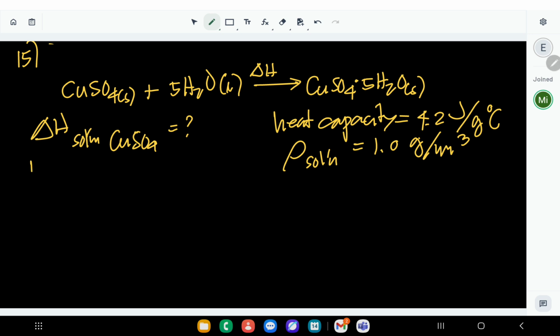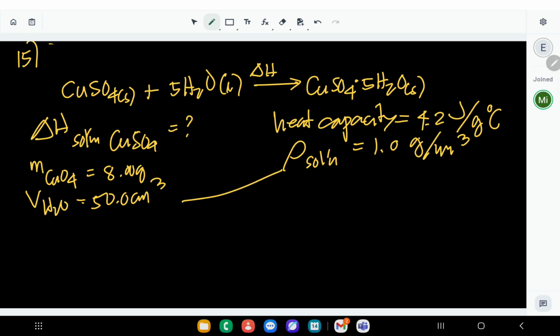So we're given here the mass of copper sulfate, which is 8 grams. The volume of water is 50 cubic centimeters. Density is 1.0 grams per cubic centimeter. Okay, so we can get the mass of water from the density and volume of water.